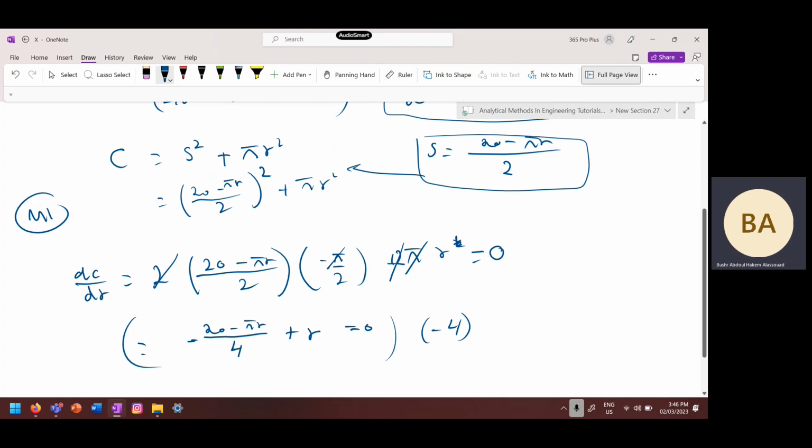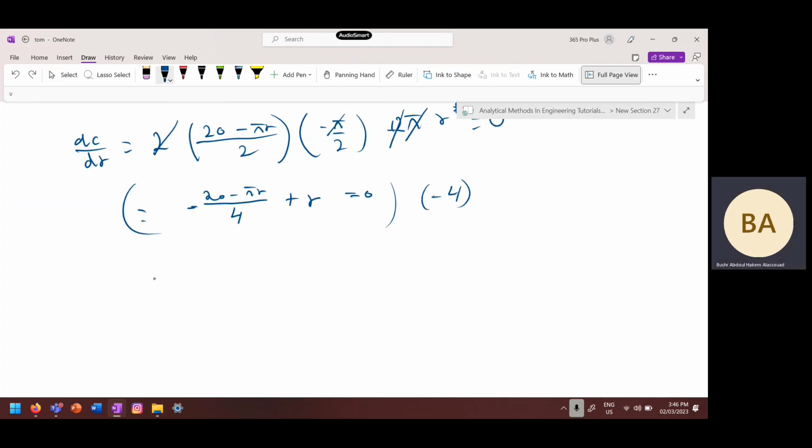Anyway, so to solve this, multiply by negative 4 to get rid of the 4 and the negative here. And you'll get 20 minus pi r minus 4r equals to 0. Now you can see that we have an r as a common factor and we have a constant here. So just rearrange it.